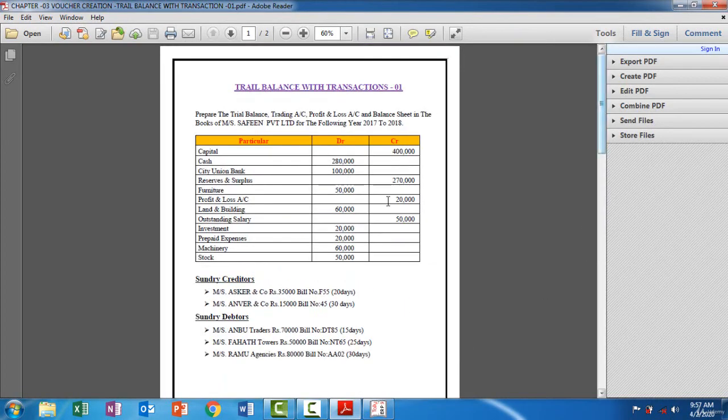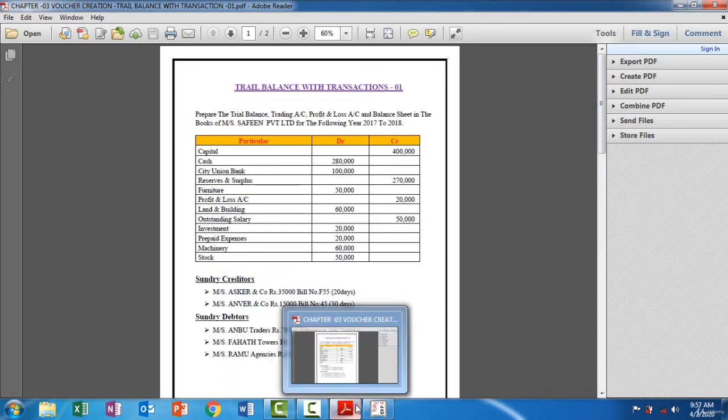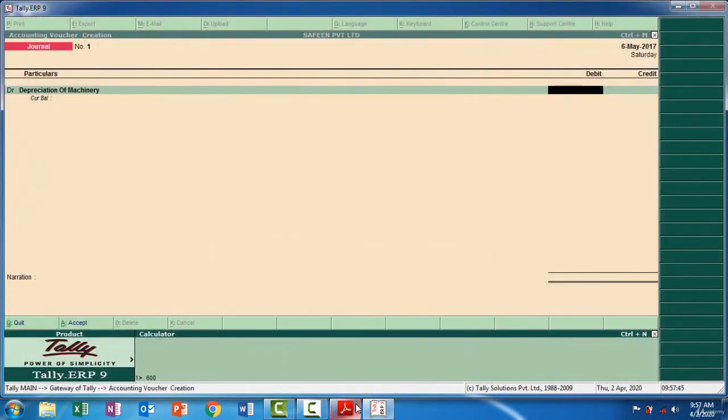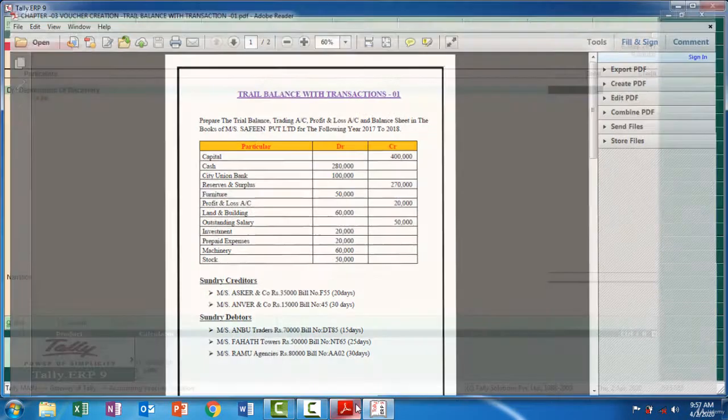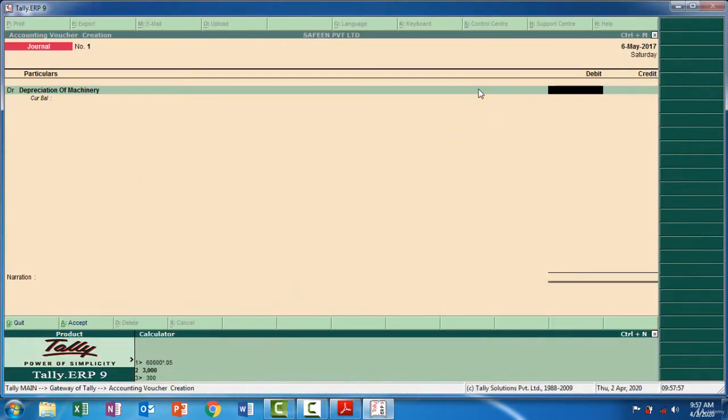How much is the machinery? Machinery 60,000 into 5%. So I'm going to calculate 60,000 into 0.05, 3,000. So depreciation of machinery account debit 3,000.